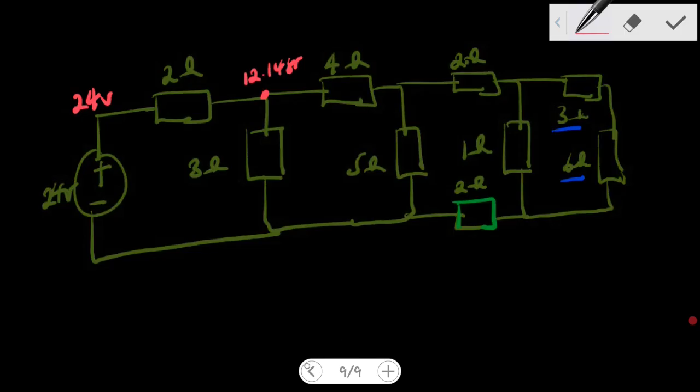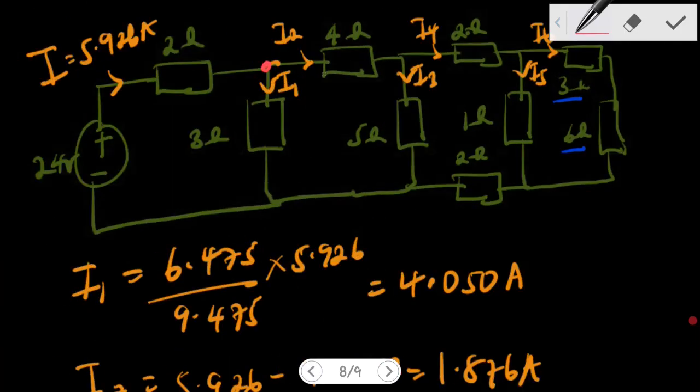Now, the current that went through the 4 ohm resistor was I2, right?